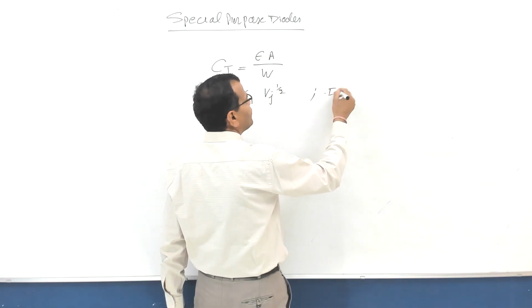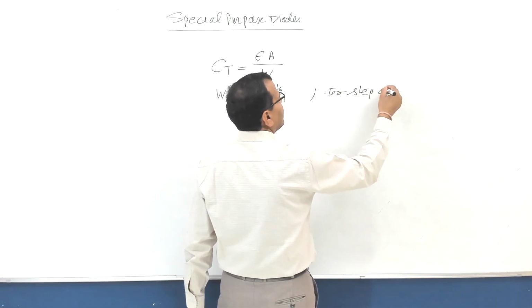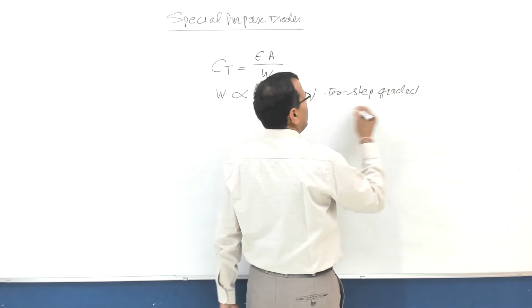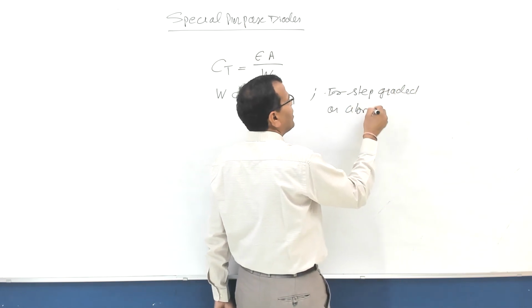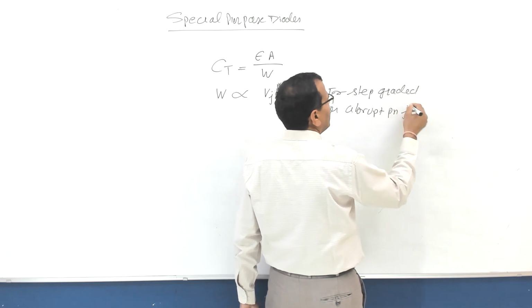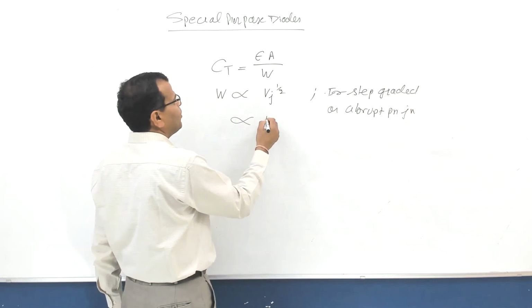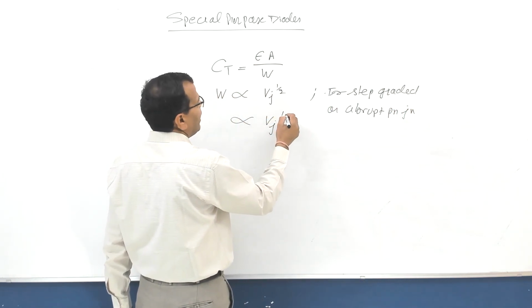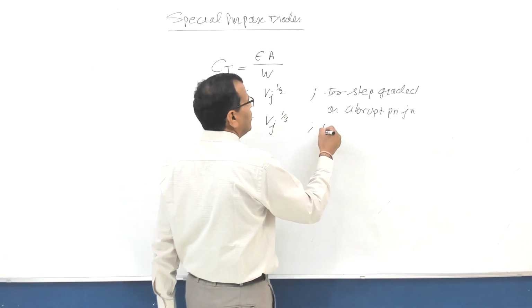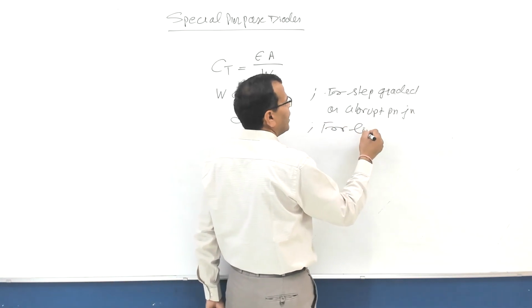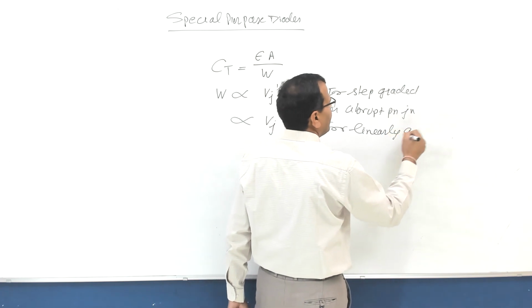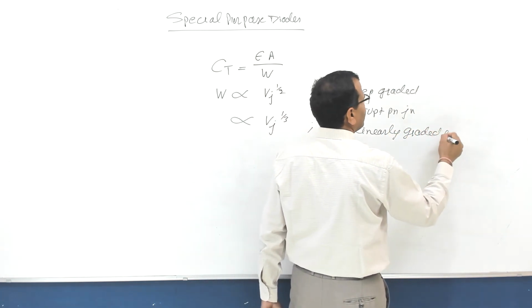So this is for step graded or abrupt PN junction, and this is proportional to Vj to the power 1 by 3 for linearly graded junction.